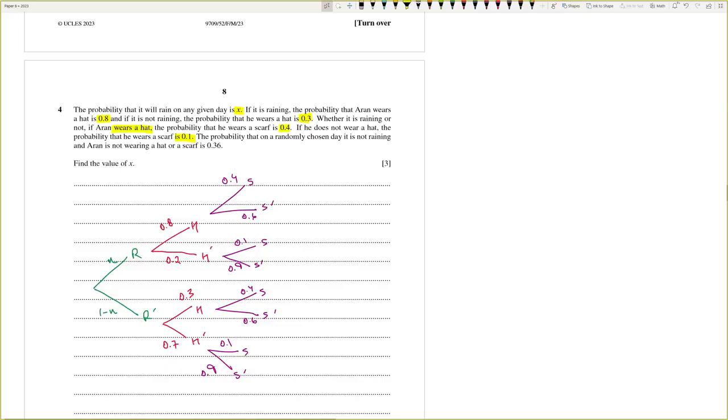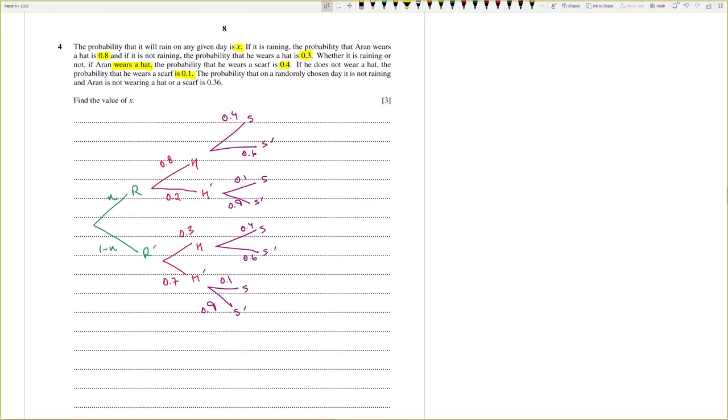Now the probability that on a randomly chosen day it is not raining and Aran is not wearing a hat or scarf is 0.36. So let's do this, guys. I'm going to go for the route that's down below.